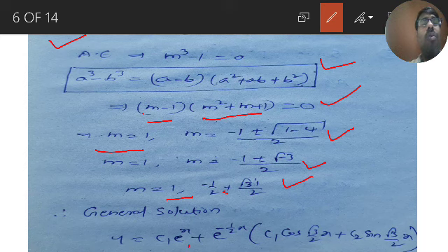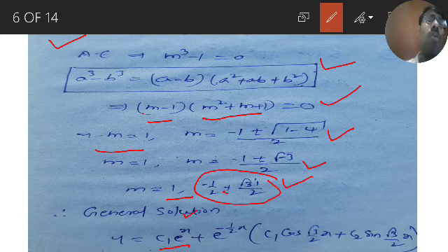So what is the general solution? c1 into e power of m1 x, that is c1 into e power of 1x, that is c1 into e power of x. So this is for the one different root, and the other two roots are complex roots. For complex roots, how can we write? Alpha is minus 1 by 2, beta is root 3 by 2. Therefore, the solution is e power of minus 1 by 2 into x, times c1 cos root 3 by 2 x plus c2 sin root 3 by 2 x.